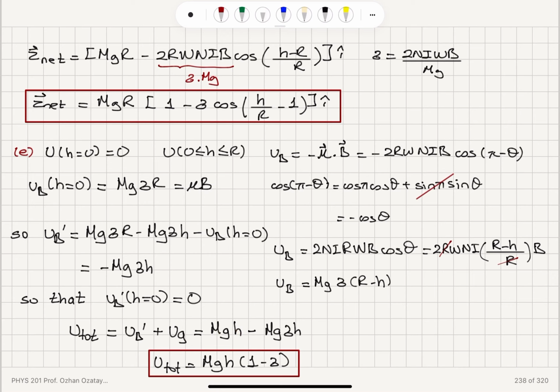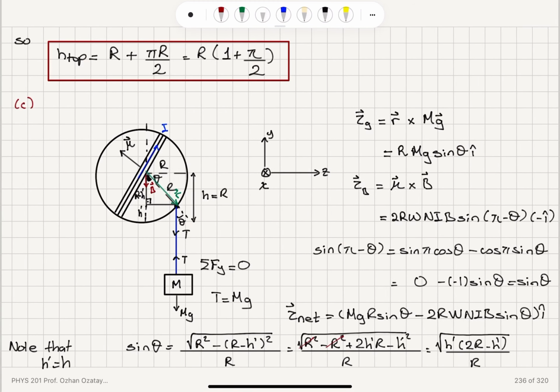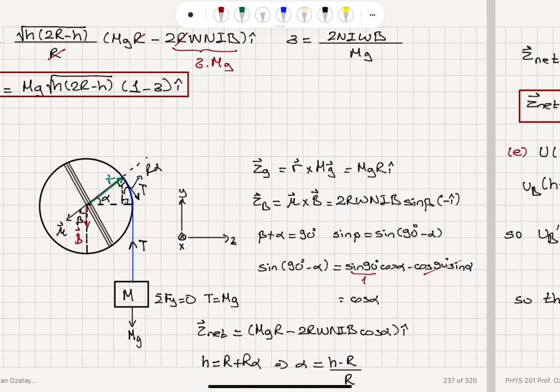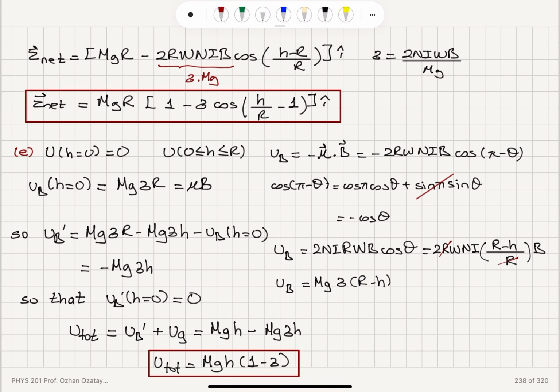If you look at minus mu dot B, and remember that this is valid between 0 and R, it's the magnitude of mu times the magnitude of B times the cosine of the angle between them, cosine of pi minus theta, which we have shown to be minus cosine theta. This potential energy turns out to be mg sigma (R minus h).